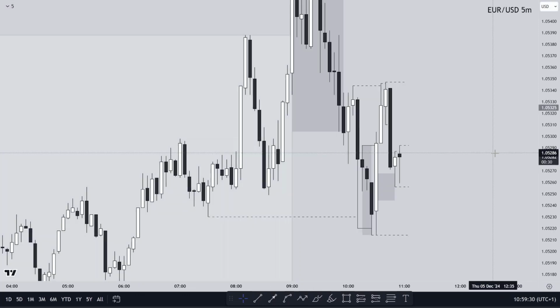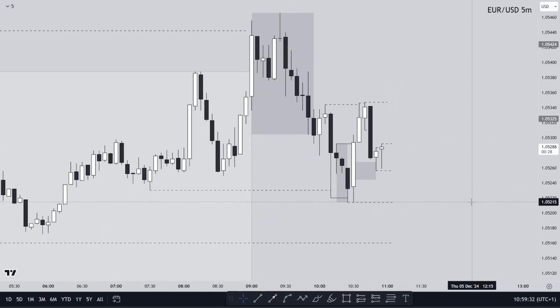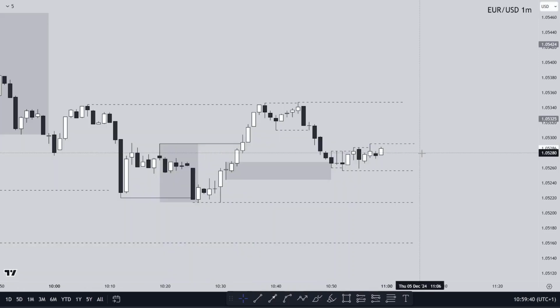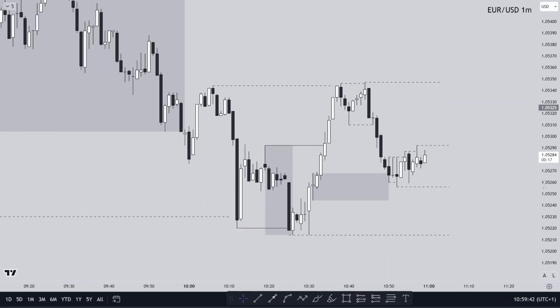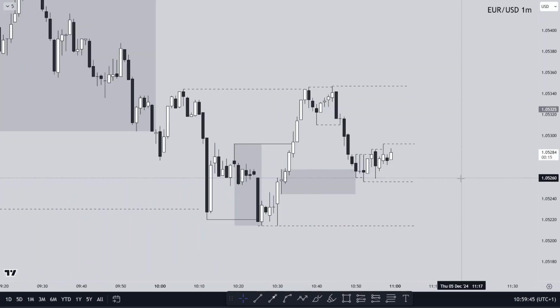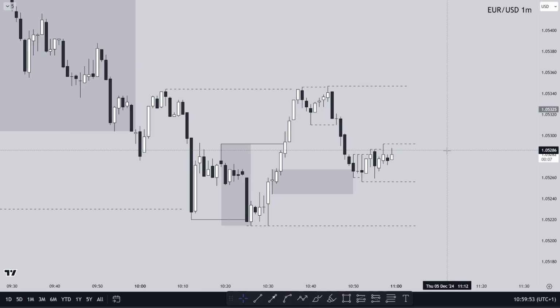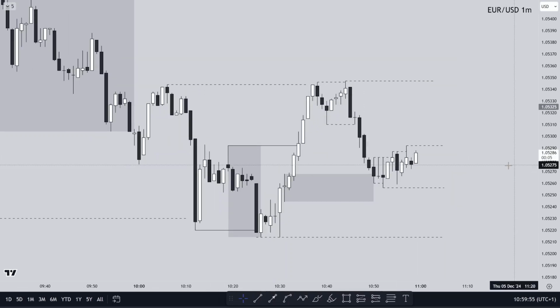So let's see the 5 minutes chart. Nothing special. Price is trying to reject this level, but it's really weak. I think that let's see if in 10 seconds the news will, I don't know, give us some information. 3 seconds.